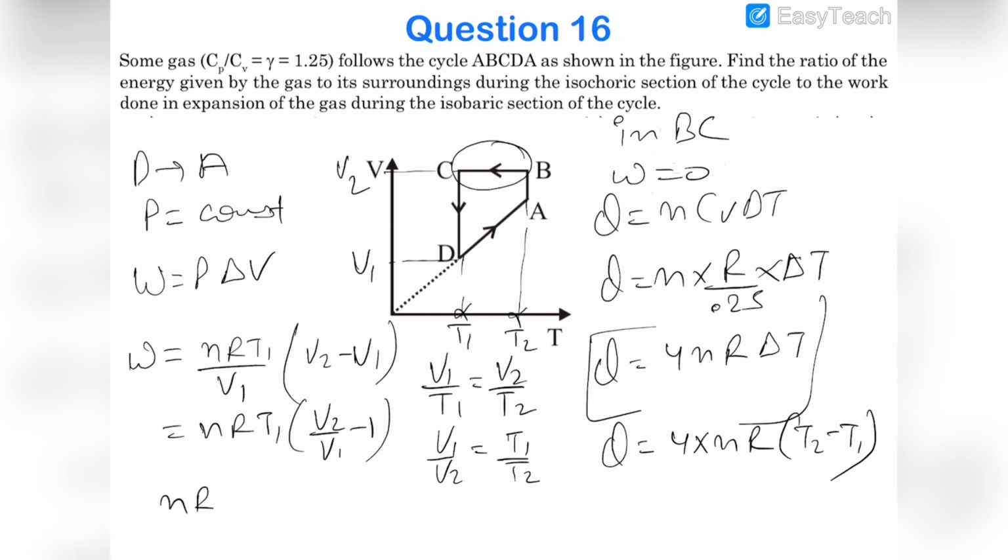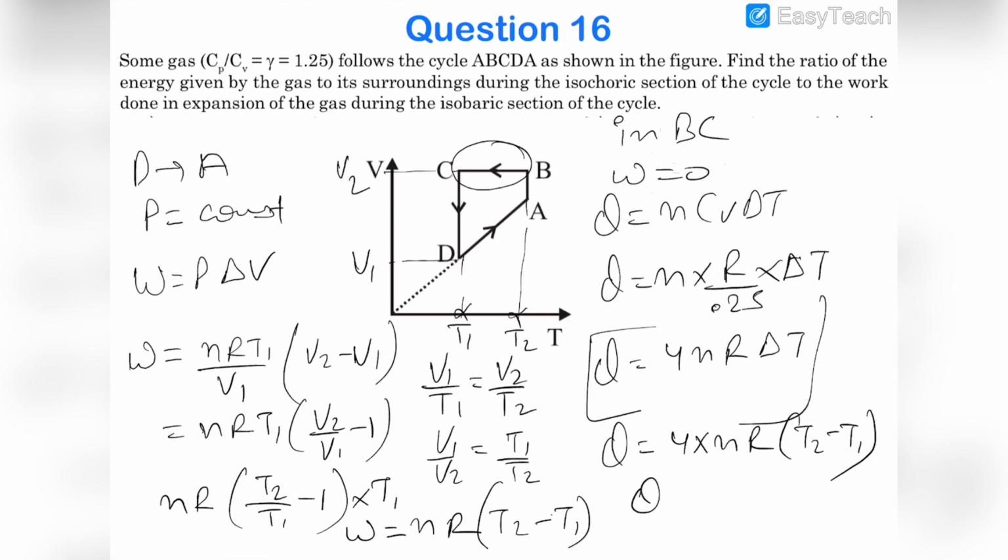So nR, and this is T2 by T1 minus 1 into T1. So work done will be nR into T2 minus T1. So if we find out the ratio of Q and W, it would be 4. So the correct answer of this question is 4.